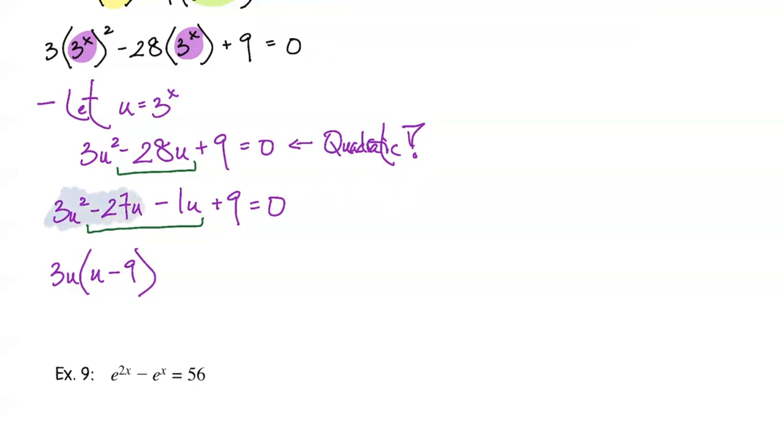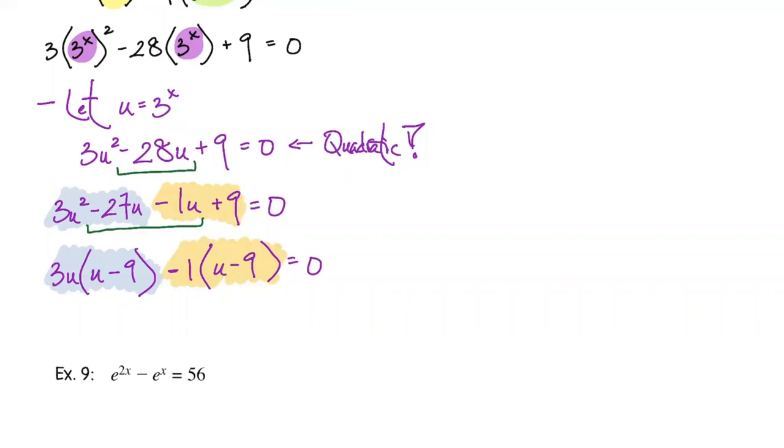3u squared minus 27u became 3u times u minus 9. Now, if I ask us to ignore the first part and just look at the second part, and I factor out that negative 1, what do I have left? u minus 9.